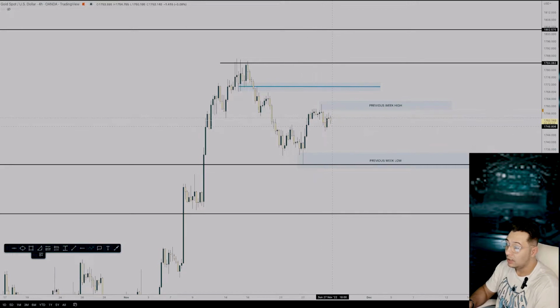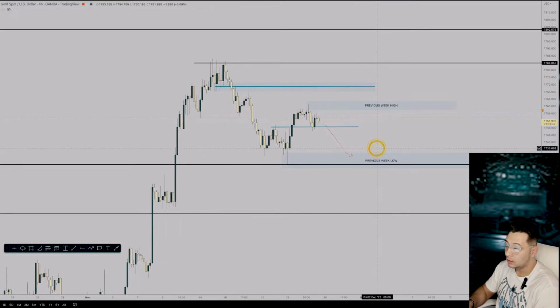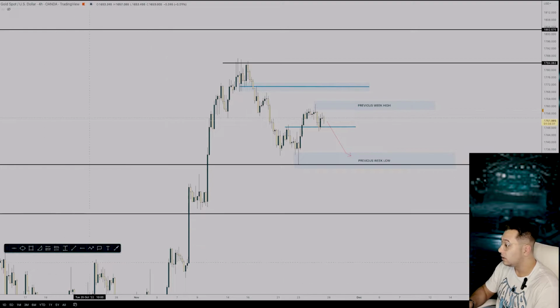We made what appears to be a higher low off of this little support, but this high isn't that strong. We rejected from this area. It made a lower high, like it's trying to push bearish still, like it's trying to go down to test the previous week's low. That's what it looks like it's trying to do right now.